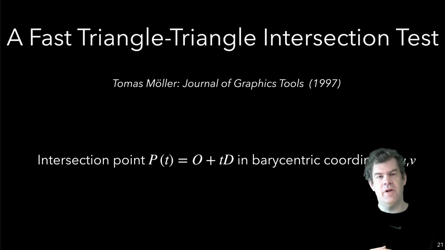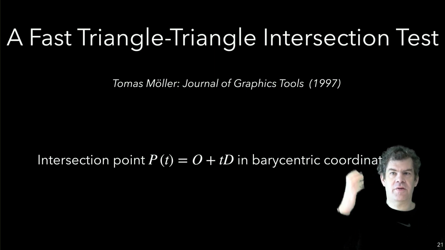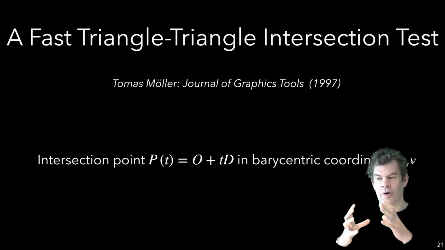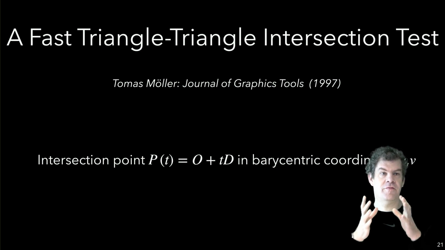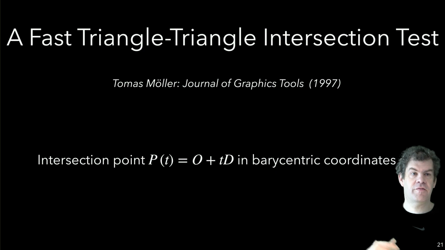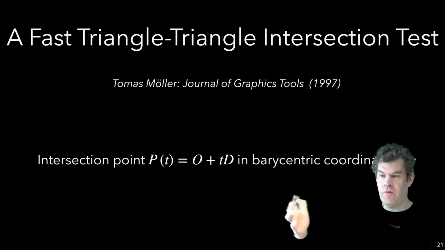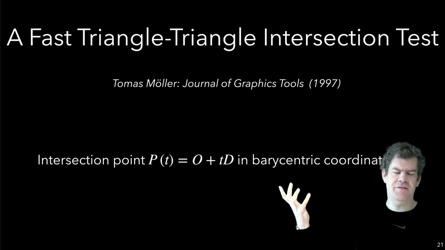The reason is very simple: pretty much all the research that came after this paper by Thomas Möller were derivatives of the same idea, just tailored to very specific hardware. So literally you find in the literature the optimum intersection approach for the Pentium 4 revision 3. And then there's an optimum intersection approach for Pentium 4 revision 4, if that even exists, I don't know.